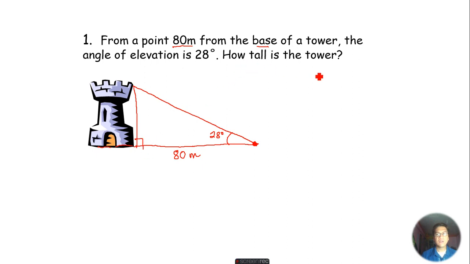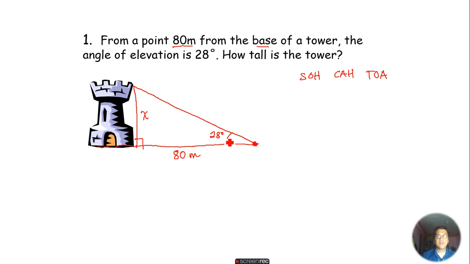Now the question is, how tall is the tower? We're going to designate this, because it's unknown, as x. We're looking for the height of this tower. Since we already have our right triangle, we are now going to solve. So again, we have illustrated already. You are going to choose from the SOHCAHTOA whichever is applicable.